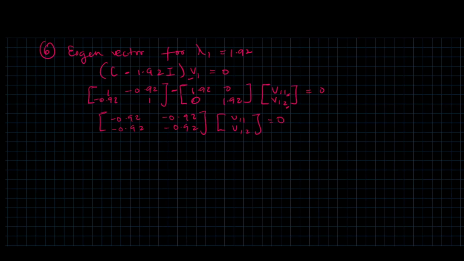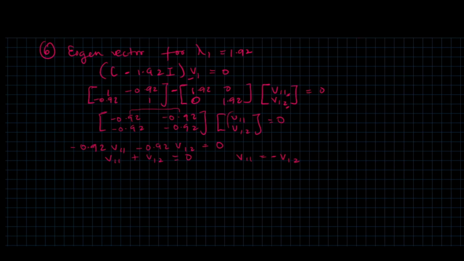Now, just multiply in our matrix, the first row by this column. So it's going to be minus 0.92 V11 plus 0.92 V12 equals to 0, right? Divide through with negative 0.92 to leave you V11 plus V12 equals to 0, which means that V11 is equal to negative V12.